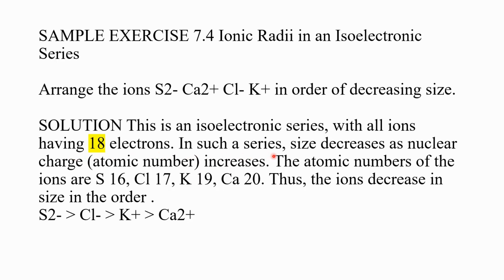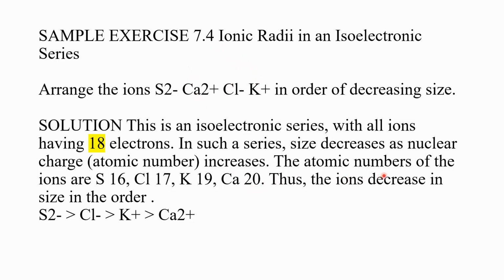In such a series, you arrange them in the order of increasing atomic number, and then this will also be decreasing size. So for example, sulfur 16, 17, 19, 20.